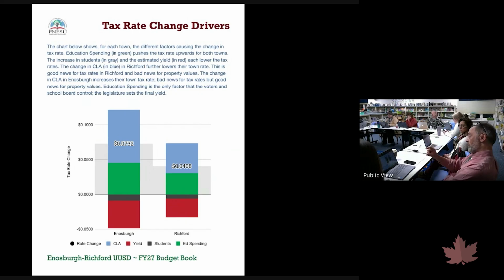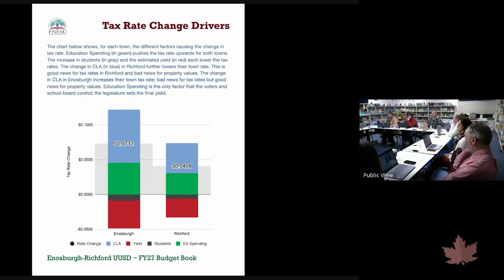So that red box below for both sides is going to almost double, and those gray lines would drop to where Richford probably would go back to a slight decrease, and Enosburg would go to about a 2 cent increase.